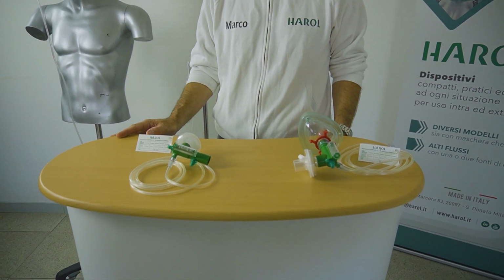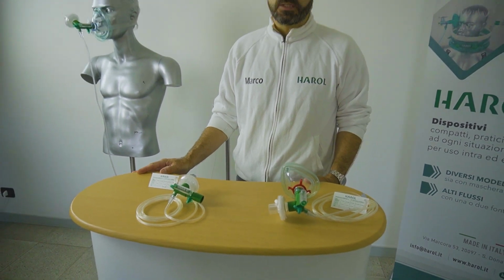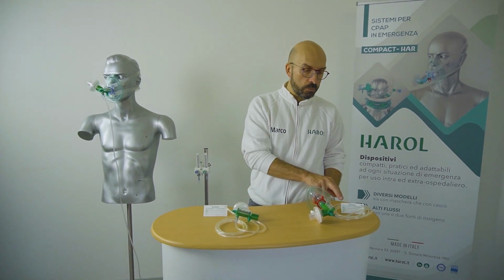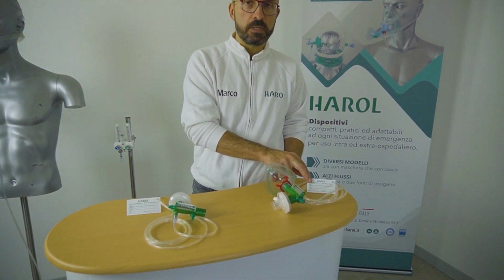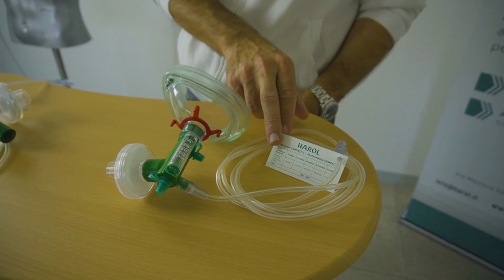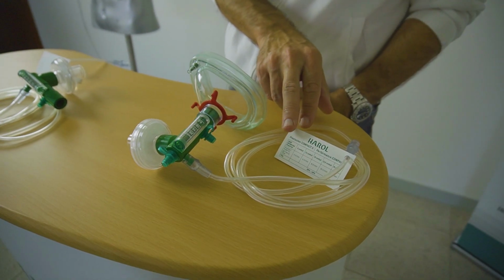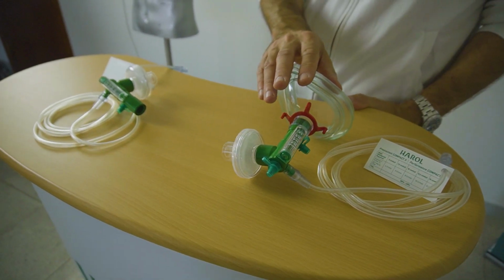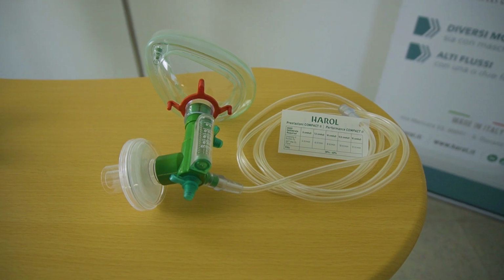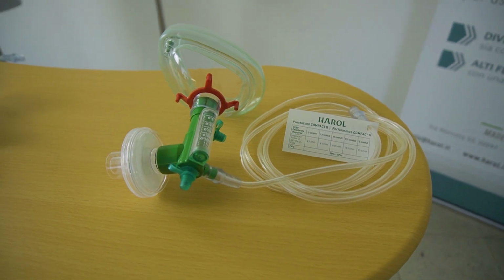The operator only needs to open the flow meter to an adequate value reported on the charts available both in the manual and the device itself. With this device, it's not possible to control the FiO2, which is set around 38–40%.